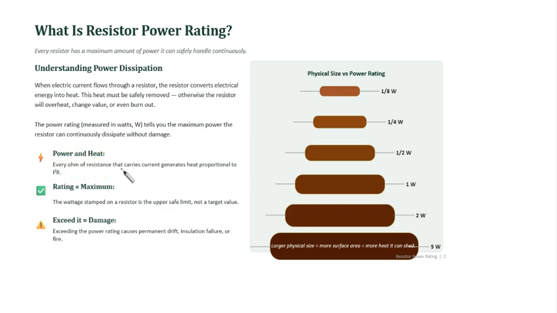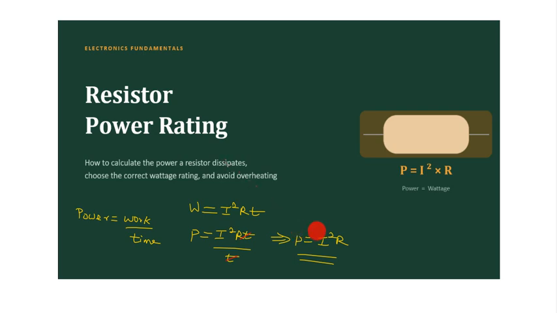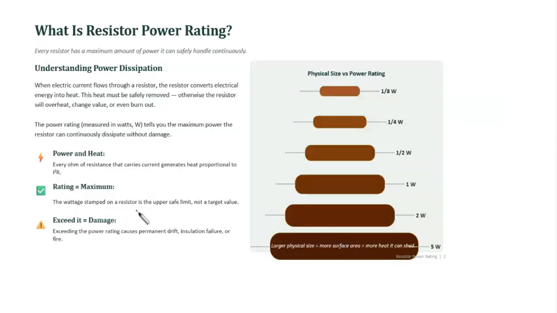So let's look at the concept of power and heat. Every ohm of resistance that carries current generates heat proportional to I squared R. That is what we saw in this introduction here. Okay, so every resistor that takes current is going to have some power dissipated in it as a result of the heat generated, and it is given by this equation.